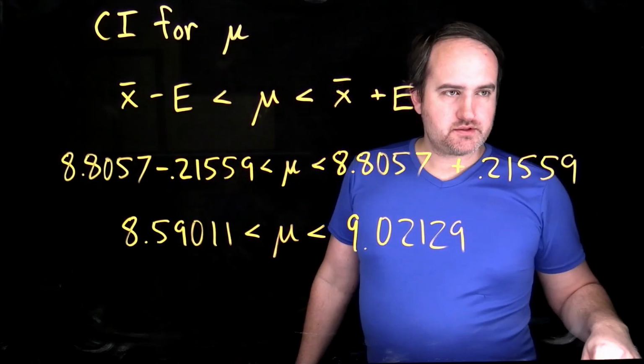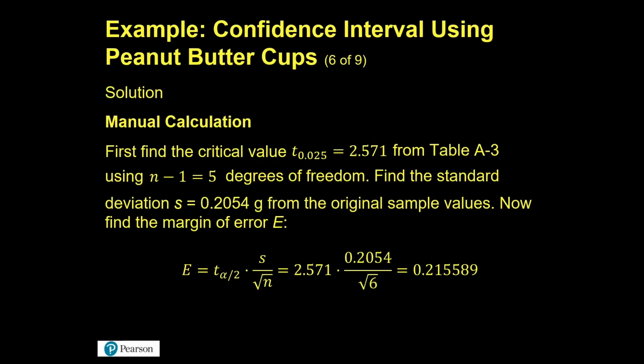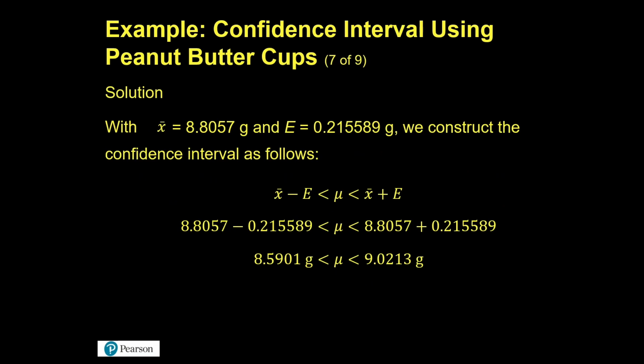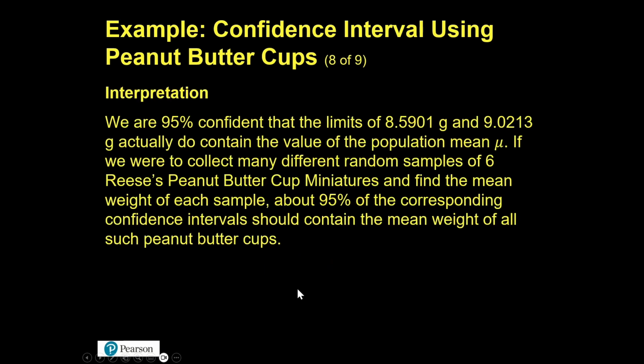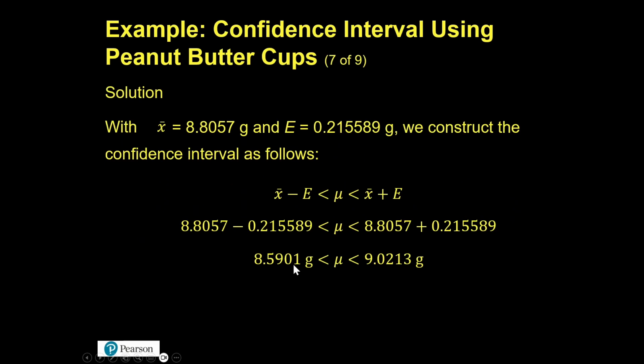Let's return to the slides and see what they did to round this. It looks like, down here at the bottom, they rounded to 4 decimal places. Why did they round to 4 decimal places?